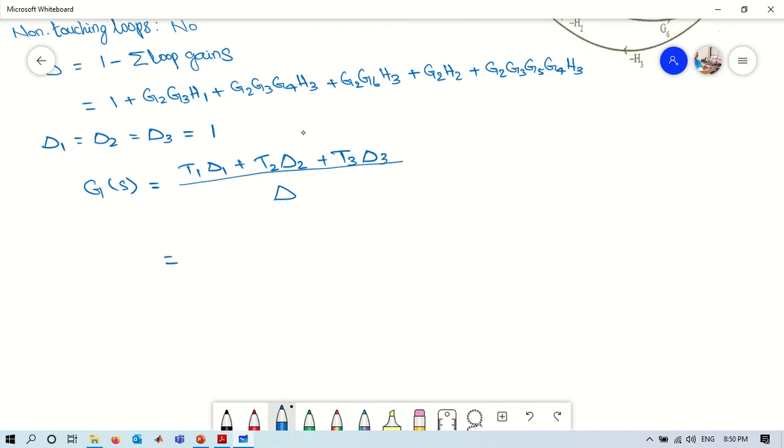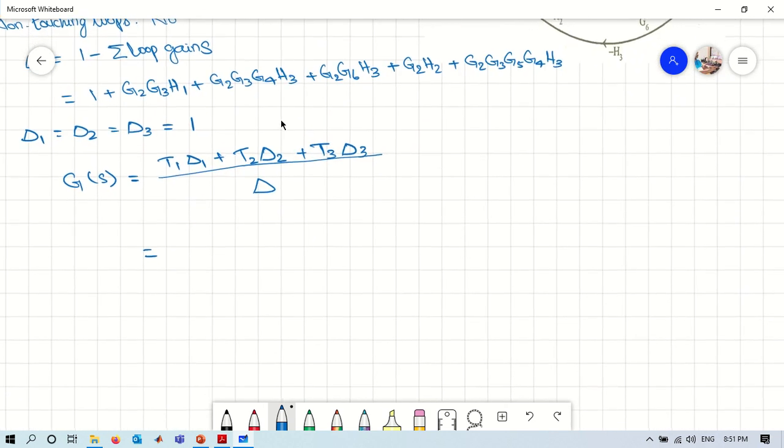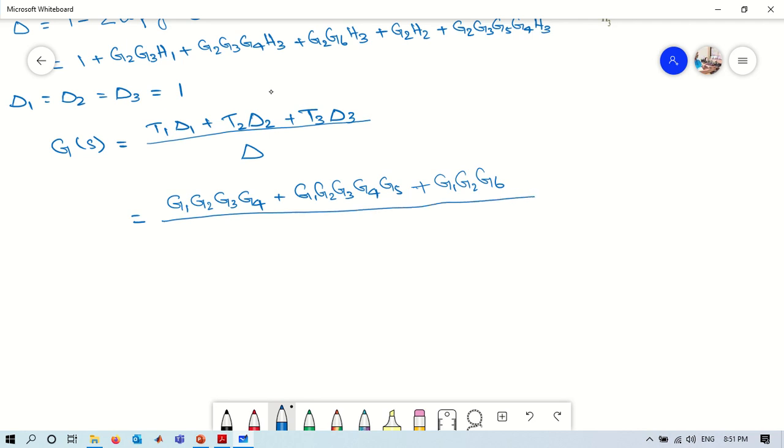So we have G1, G2, G3, G4 plus G1, G2, G3, G4, G5, G6 plus G1, G2, G6, divided by delta.